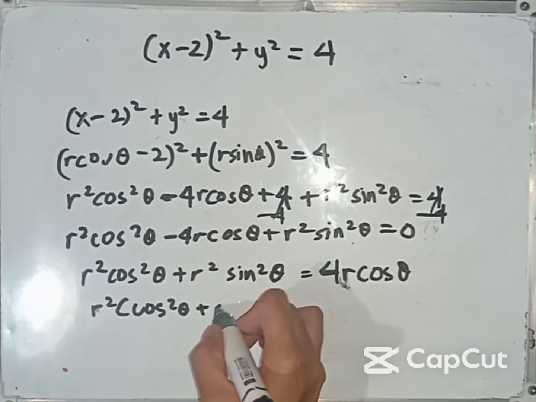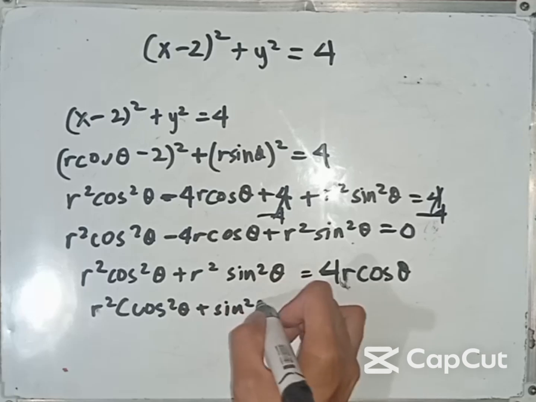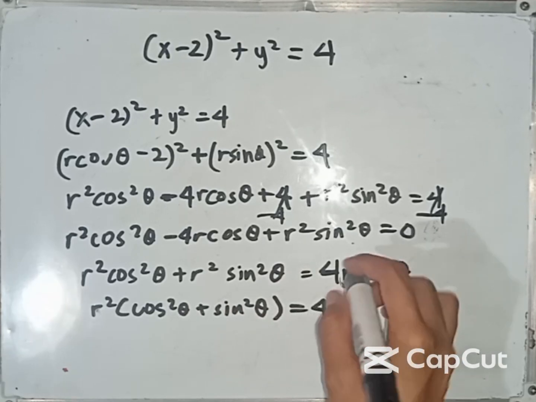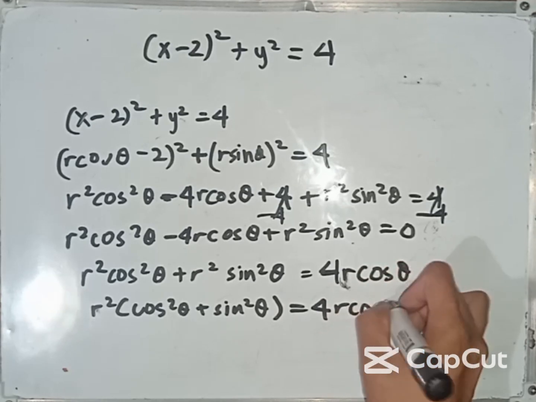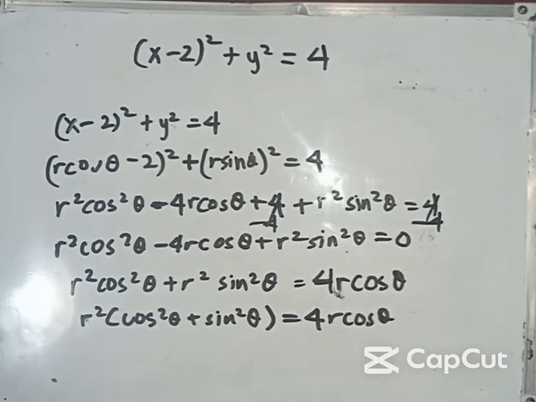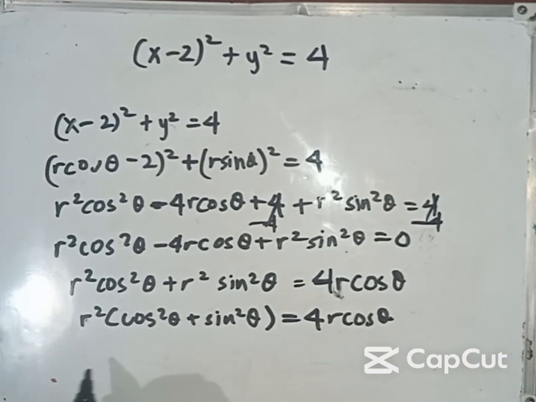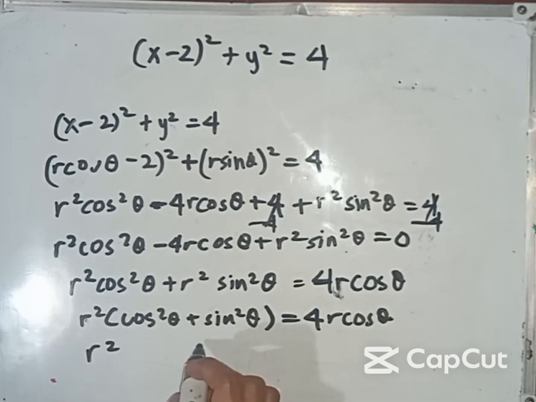By this, let's factor out r squared. So we all know that cosine squared theta plus sine squared theta is simply 1 from the Pythagorean identity.